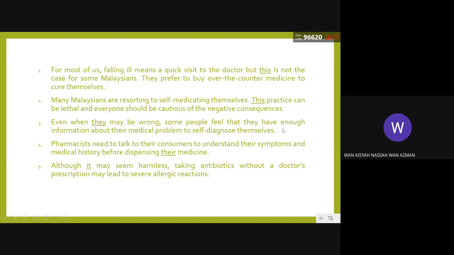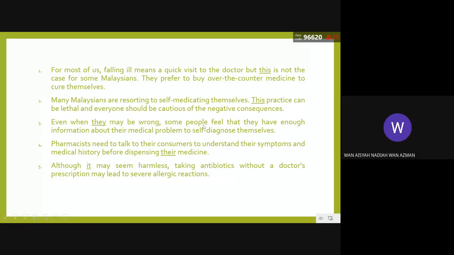Third one. Even when they may be wrong, some people feel that they have enough information about their medical problem to self-diagnose themselves. So what is the answer? They here refers to some people. Only some people? Some people is too general.